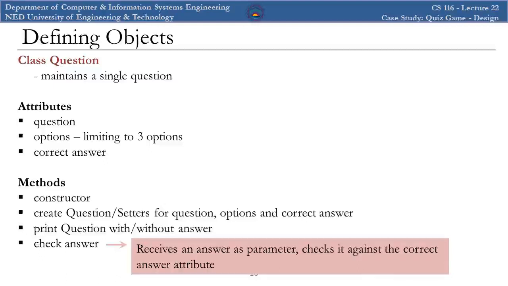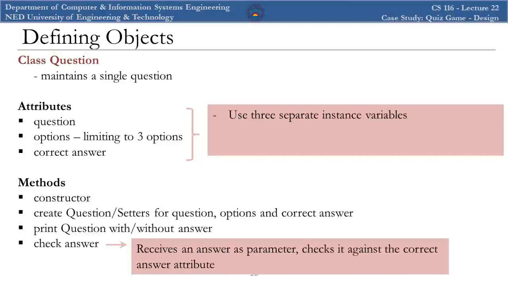Now what else can we decide here? We can decide how to keep these attributes in our class. Now see, there can be two methods for this. The first one is to use a separate instance variable to store each of these attributes. Like I make an instance variable to store the question prompt. I make another for storing options, and a third one for storing the correct answer.